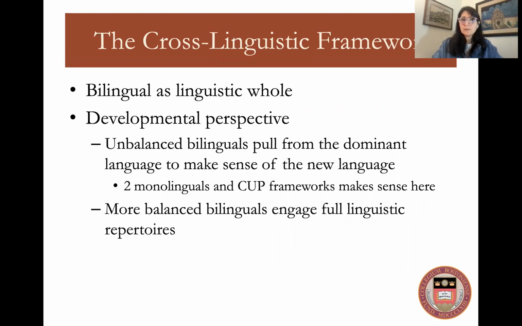So from a developmental perspective, unbalanced bilinguals pull from the dominant language to make sense of the new language, so it's more accurate. And also more balanced bilinguals engage full linguistic repertoires. So when the student knows that he's able to use both languages, then they are engaged completely. Otherwise, they have to be sorting out in their head and they are not really showing how much they know.